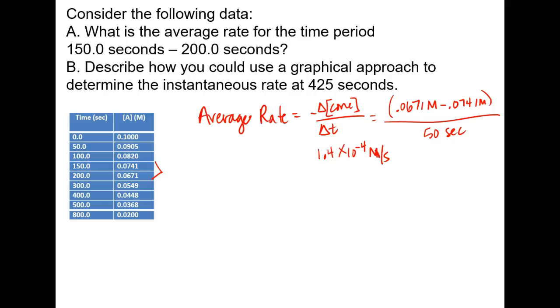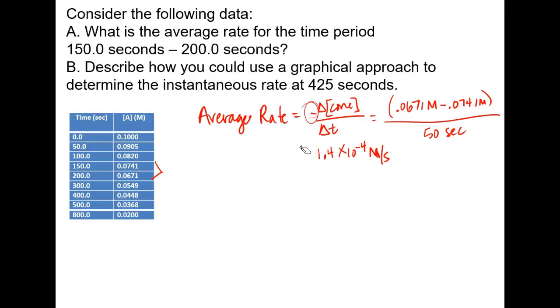Now, as you take a look at that answer, I want to comment just on the sign. Since this A concentration is decreasing, this reactant must be disappearing. It's going away. So that's the tricky thing about this sign. The average rate is either negative, or you could say the rate of disappearance of A, and then you would say a positive value.